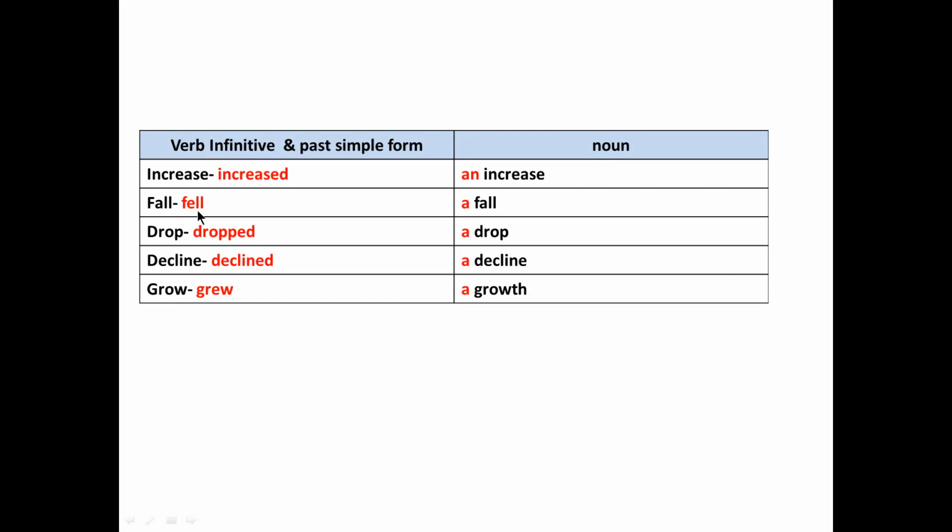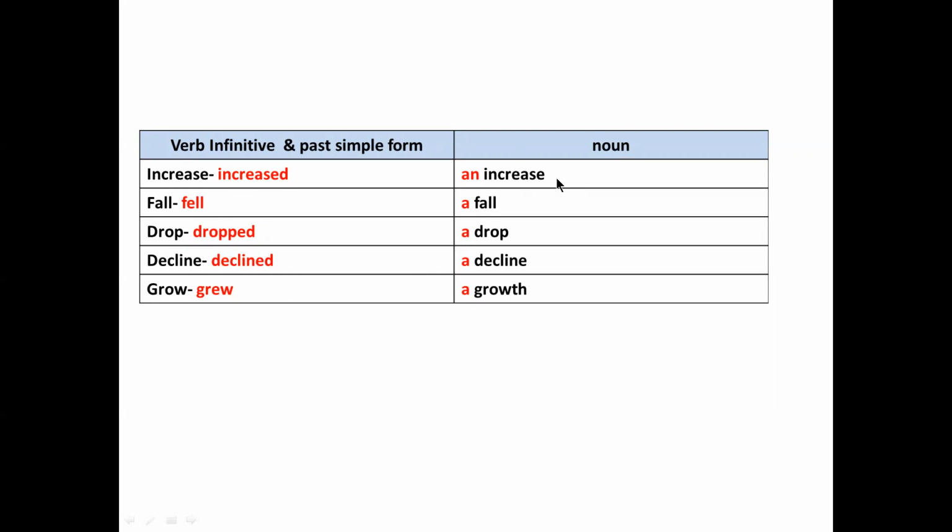Fall, fell. It's an irregular verb. Drop, dropped with a double P because it's got a consonant, vowel, and consonant ending. CVC. Decline, declined. Regular verb. Grow, grew. Irregular verb.